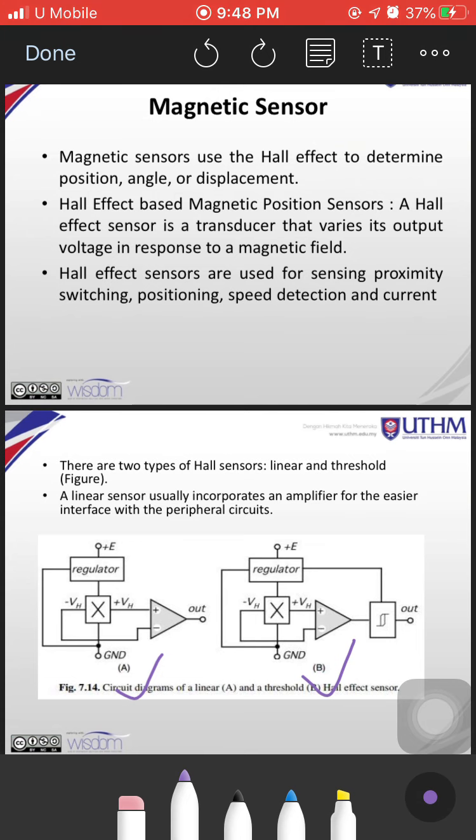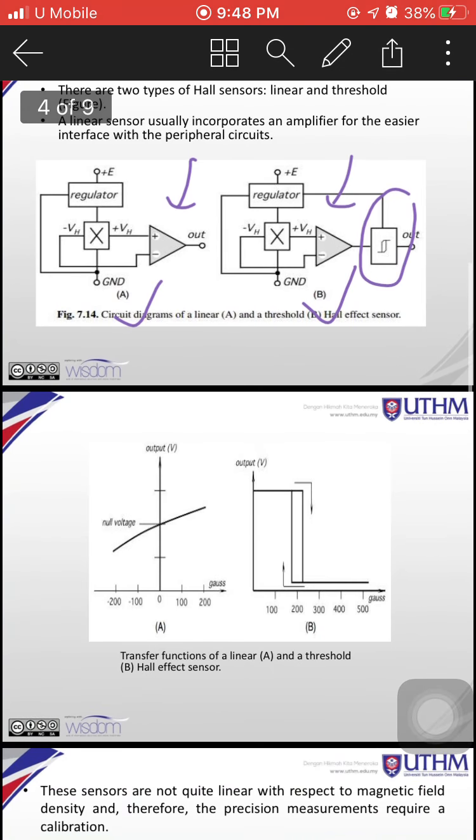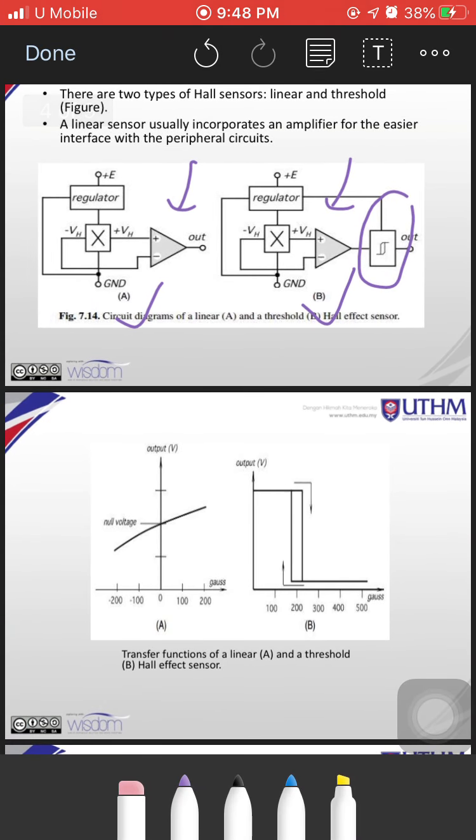Okay, so first of all, you can look at this circuit. For linear, there is only an amplifier. Alright, for the threshold, they have an amplifier, but they have an additional thing inside the circuit, which we call a Schmitt trigger. Okay, another thing we can look at is their output.